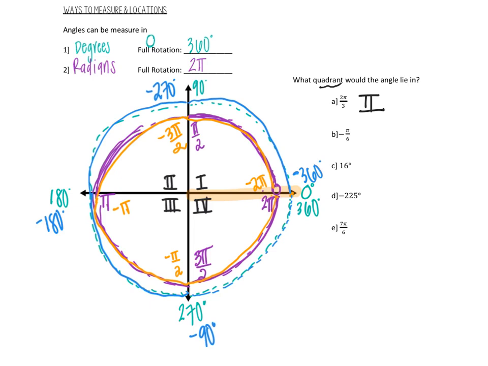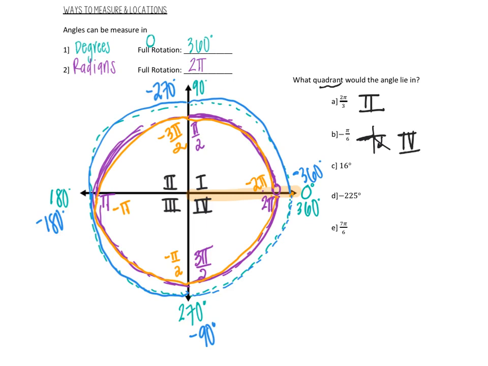Negative pi over 6, again, ignore the pi if you need to, and just think negative 1/6. First of all, if we're going negative, we are going backwards on the unit circle, only 1/6 radian. Remember that 1 whole radian would be over here, so split that 1 whole into 6 pieces, and you would land in the 4th quadrant.